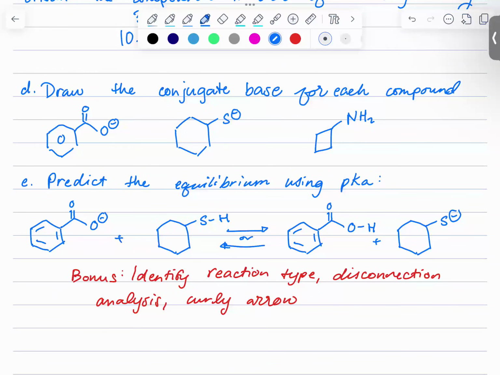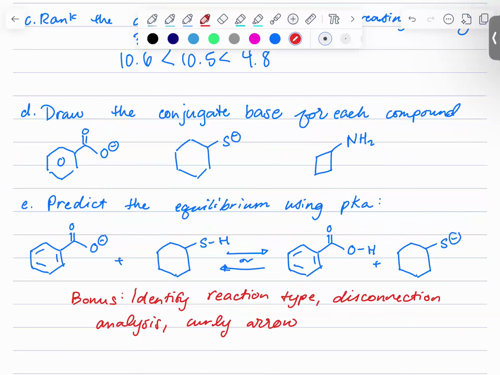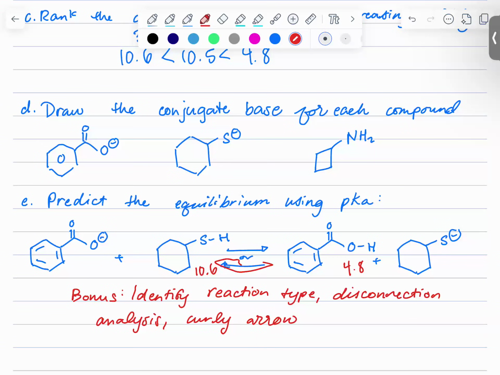So now we can predict the equilibrium using the pKa. Which way will it go? Towards the sulfur being protonated or the carboxylic acid being protonated? Towards the sulfur being protonated. Why?